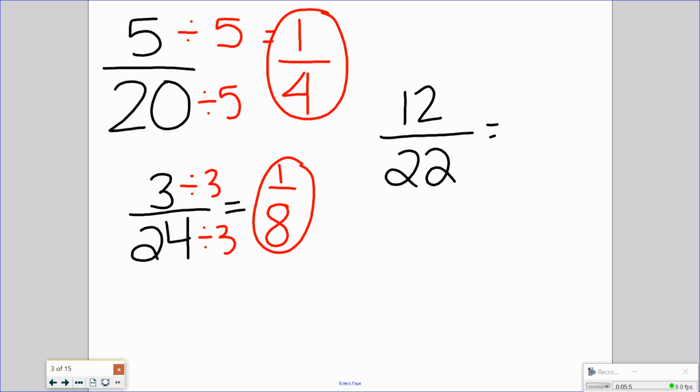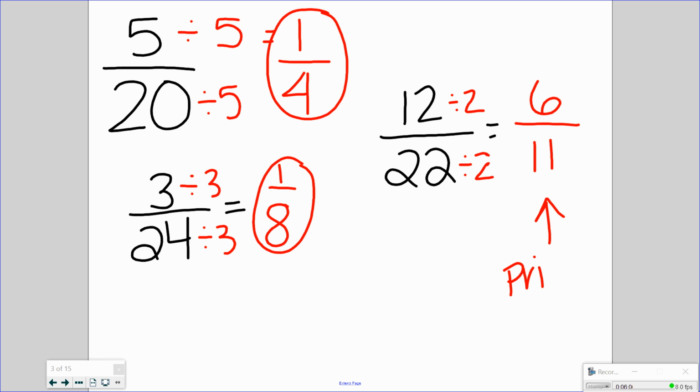So again, whenever in doubt, start with 2. That's what I always do. I'm kind of skipping ahead because I know that 12 divided by 2 is 6 and 22 divided by 2 is 11. 11 is actually a prime number, and that's how I know I can't go any further.